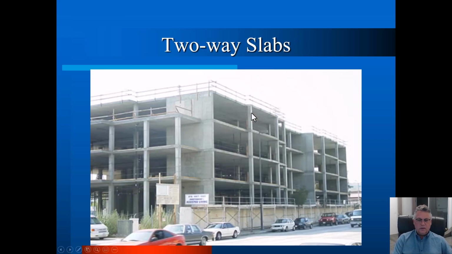So here's an assisted living facility that we did in Pasadena. Now, this was originally designed as a steel building. It was much taller because it had to be. The steel building needed about 3 feet of depth for the concrete fill over metal deck flutes on top of the steel beams, which were 24 inches deep or so.